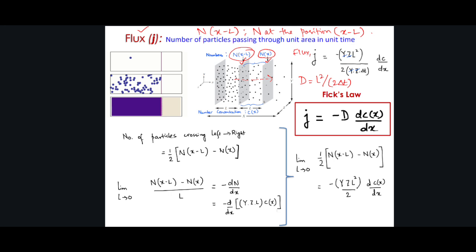As I gave the analogy, I have my door, I have students moving from left to right and some coming out from right to left. Given that, as she asked, why that half factor, you can assume that some of them are crossing each other in that manner, and the space within which I'm measuring it is infinitesimally small, L tending to 0. Hence I will justify that half factor.